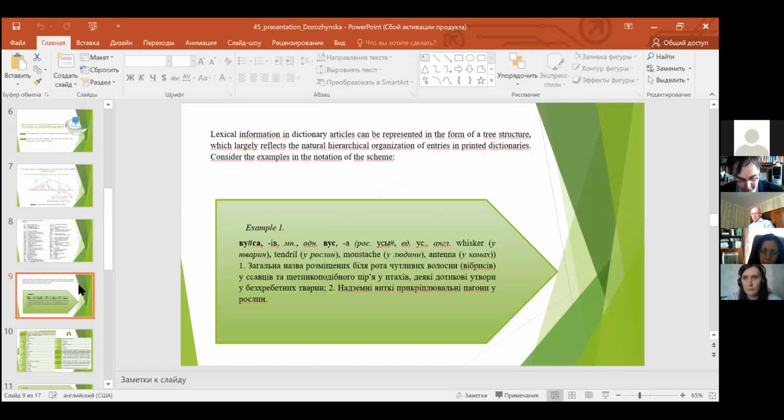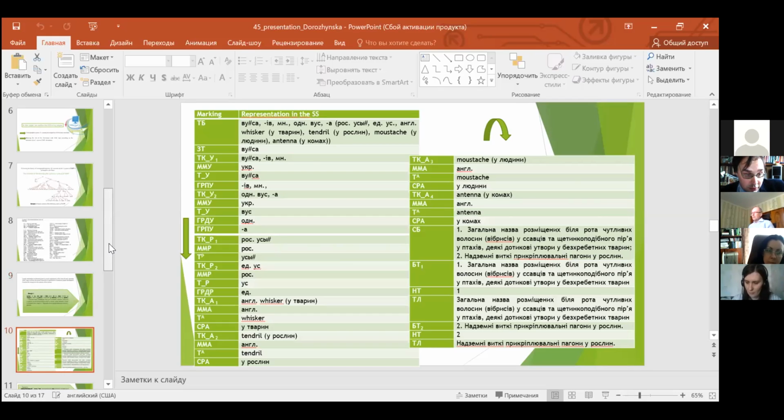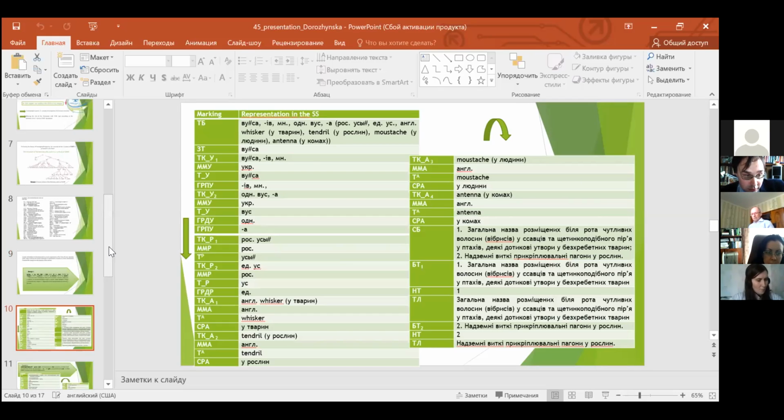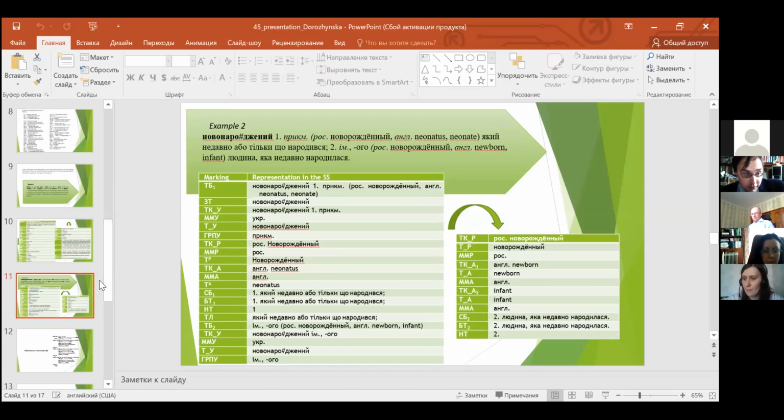Consider the example in the notation of the scheme. On this slide, you can see the making of an entry, for example, and on another slide, the example Новонароджений.